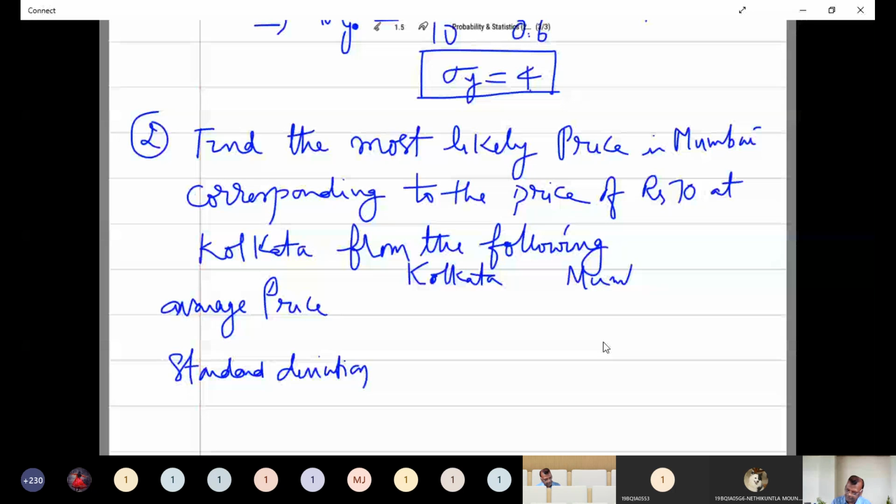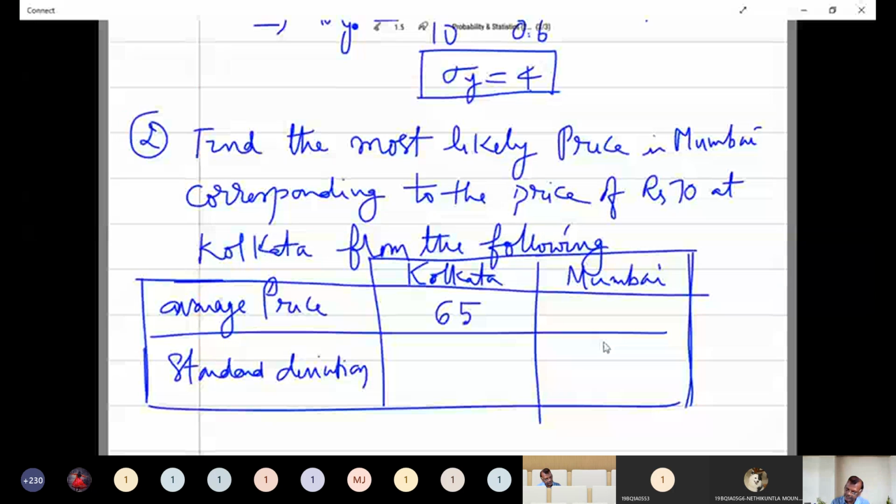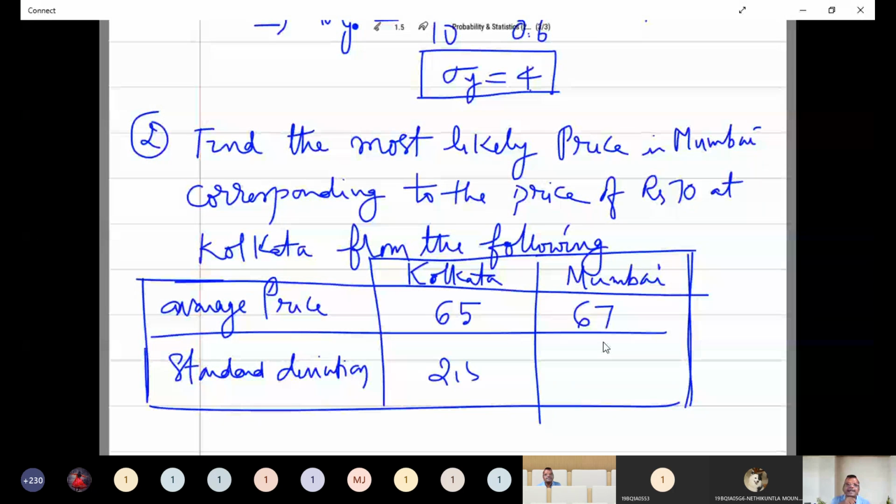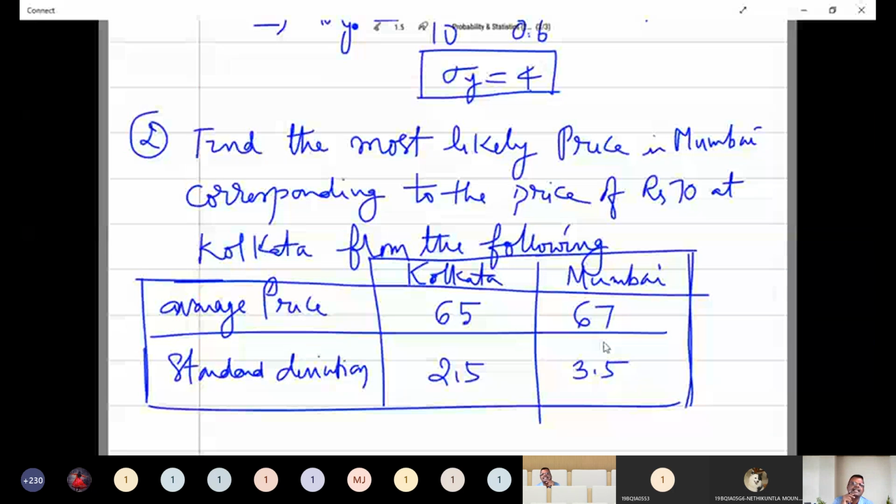Put the values in table form like this. In statistics, this is very important. We have to form a table for each and every problem for convenience. That is 65, 67, 2.5, 3.5. Average price means mean prices. That is, means are 67, 65. Standard deviations are 2.5, 3.5.